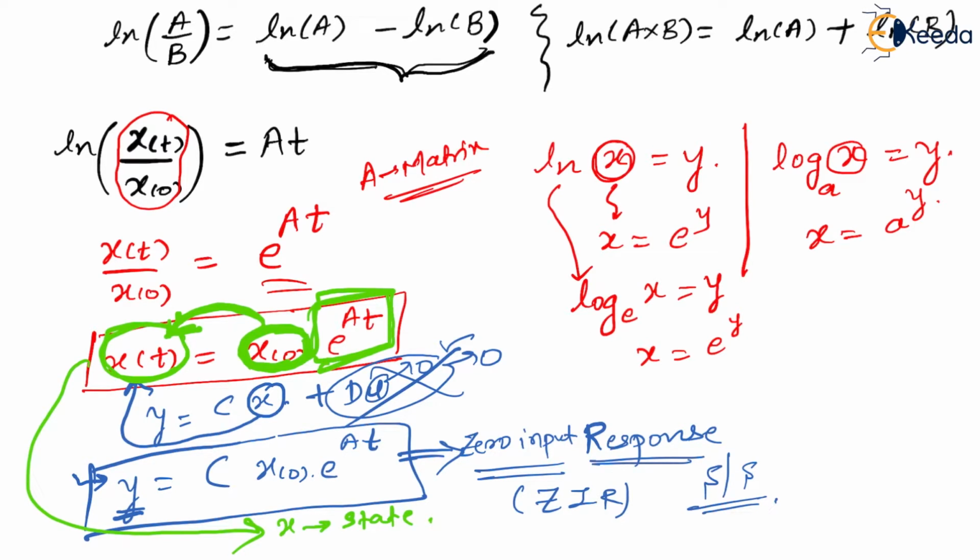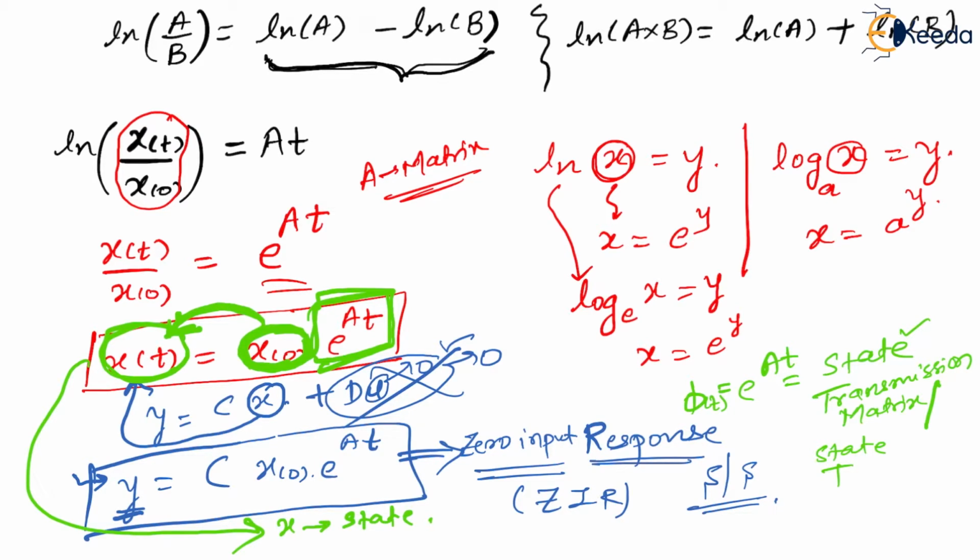Hence this matrix e raised to At is also called phi of t, which is nothing but state transmission matrix. Or we also call it state transition matrix, because state is transferred from its initial condition to some value at time t, right? So it is called state transmission matrix, or I can also call it state transition matrix.